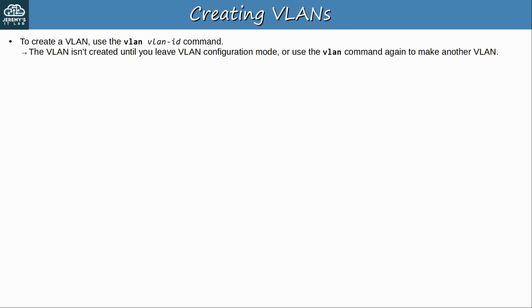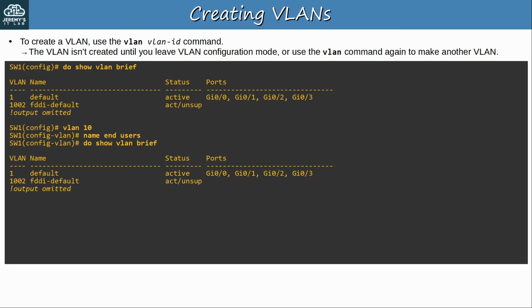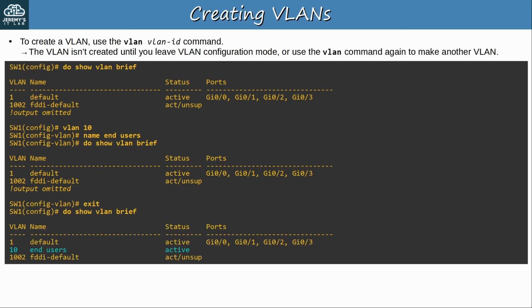Let's confirm that. On a switch, I used show VLAN brief, and it only has the default VLANs. To save space, I'm not showing all of the VLANs. Then I used the VLAN 10 command to create VLAN 10, and also gave it a name, end users. I viewed the VLANs again, but VLAN 10 doesn't appear. To create the VLAN, I use the exit command and check the VLANs again.